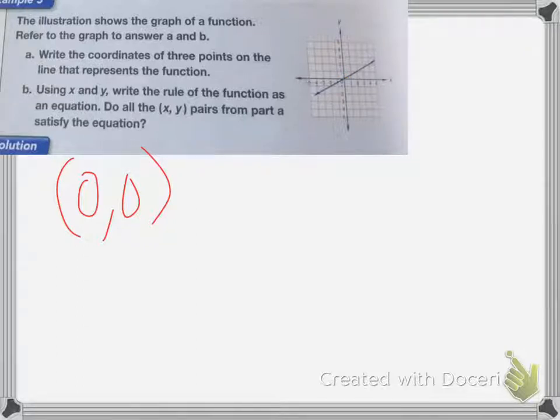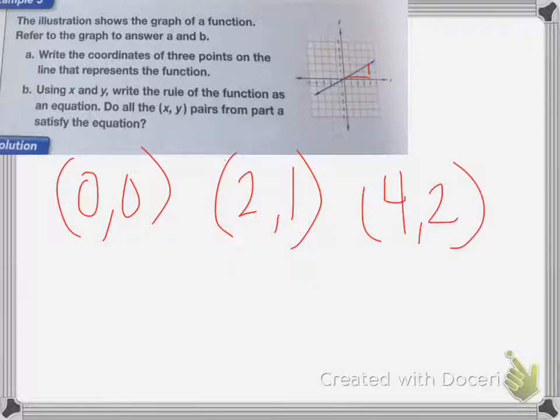Another point I have, the next one on there, is over 2 up 1. So the next one is 2, 1. 2 on the x, 1 on the y. And the last one is over 4 up 2, because it goes over 4 on the x and then up 2 on the y.